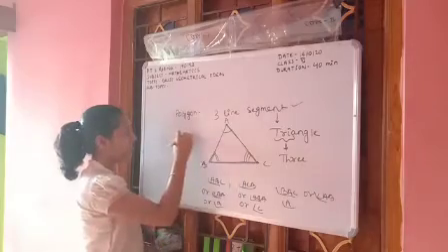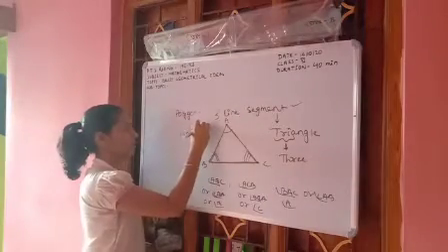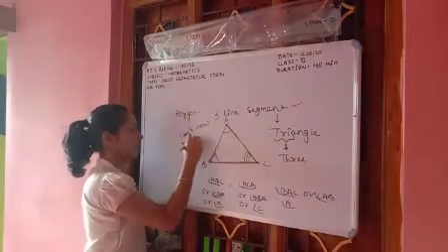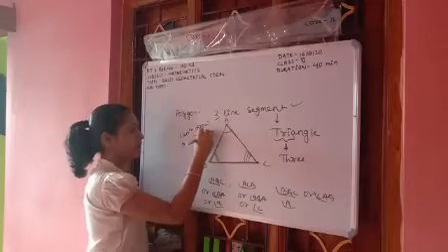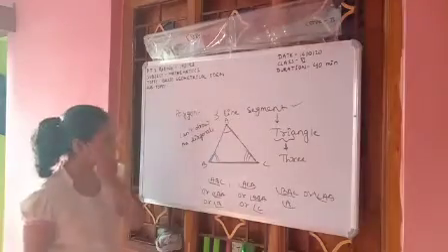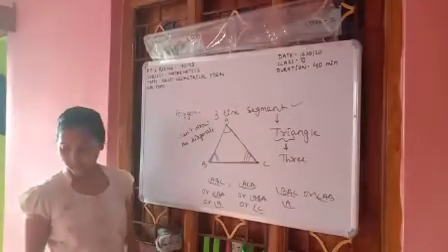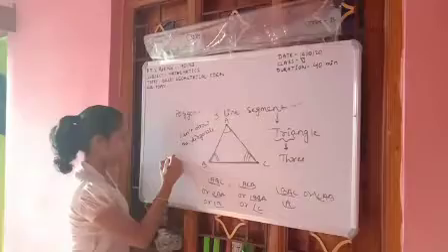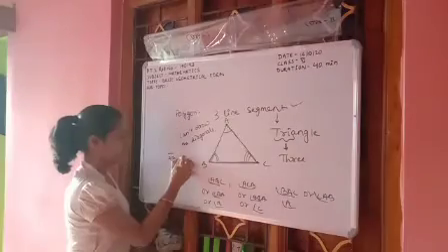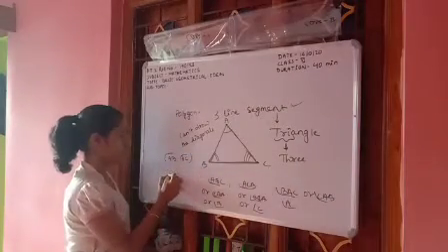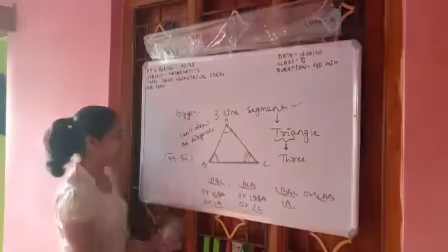So we can't draw diagonals. Then see, the adjacent sides are AB, BC, CA. CA is adjacent to which side?